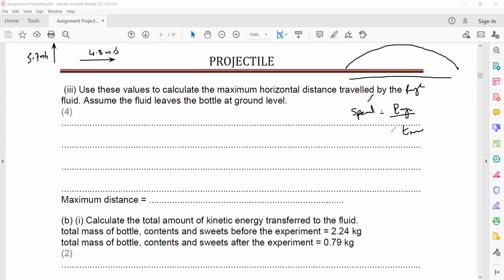So we have the horizontal speed, but we don't know the time, the total time for the flight, the total time it remains in air. So first, we find the time to reach the maximum height, and then we double that time, which will give us the total time. Now, how do we get the time to reach the maximum height?